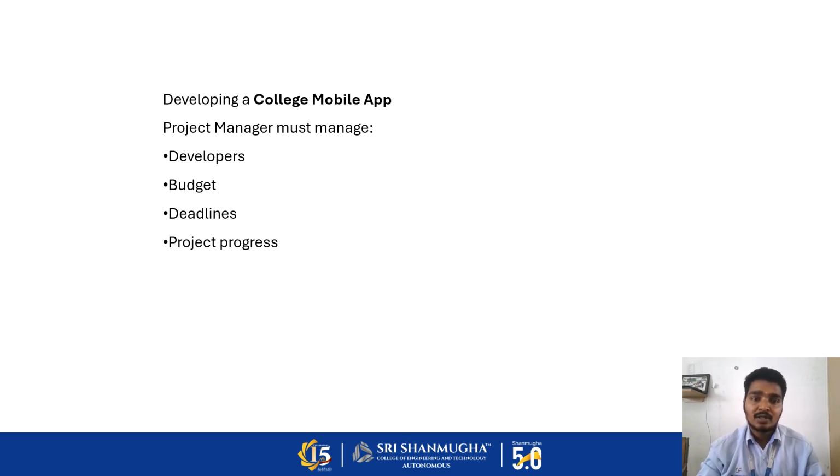For example, we see developing a college mobile application. The project manager must manage the developers, the budget, the deadlines, and the project progress. So who are developers? They develop the software ideas in their code. For example, the college mobile application. What is the main role in the college mobile application?